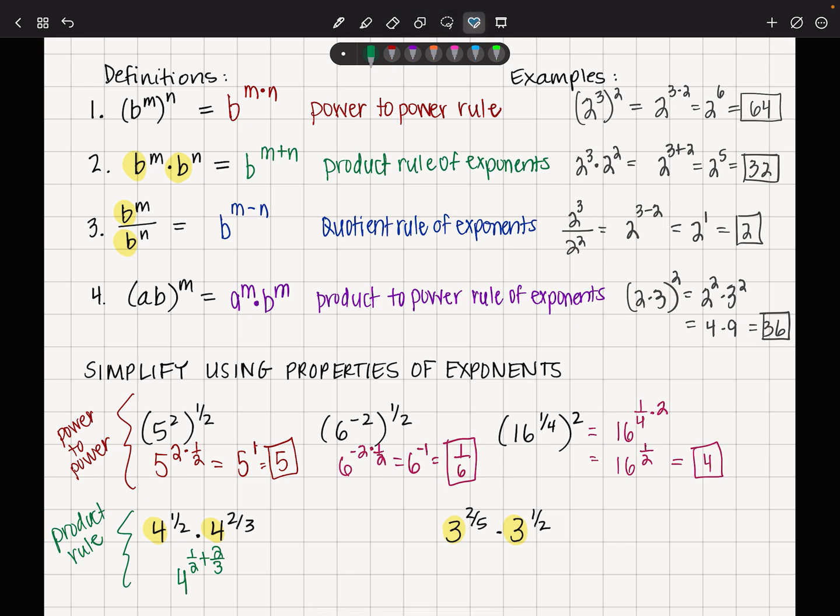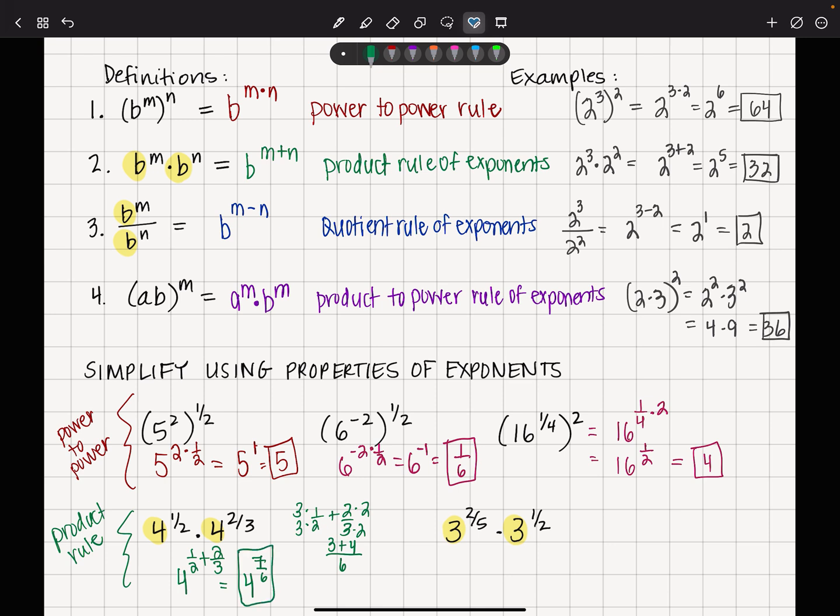I'm going to have to go off to the side here. Well, this needs a 3 and this needs a 2. So that would be all over 6. So that would be 3 plus 4. That's 7/6. 4 raised to the 7/6 power.